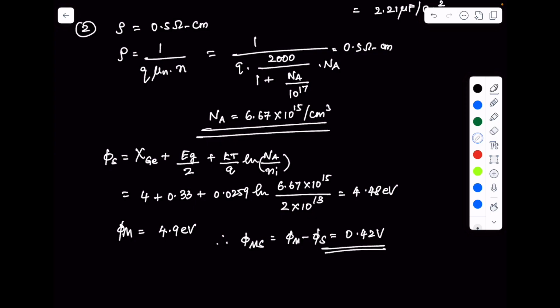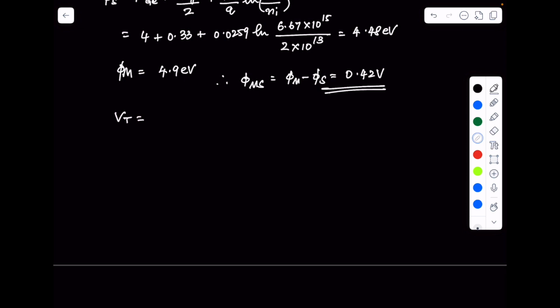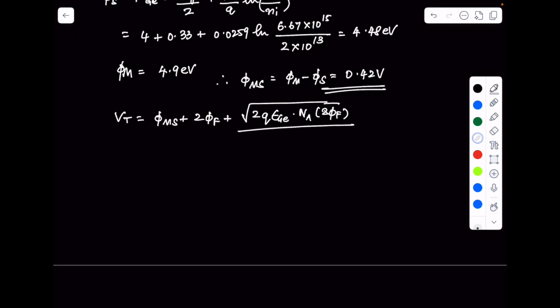Next, to calculate Vt: Vt is given by phi ms, which is VFB, plus 2 phi f plus Qox, which is root of 2 Q epsilon of germanium into Na into 2 phi f, divided by Cox.